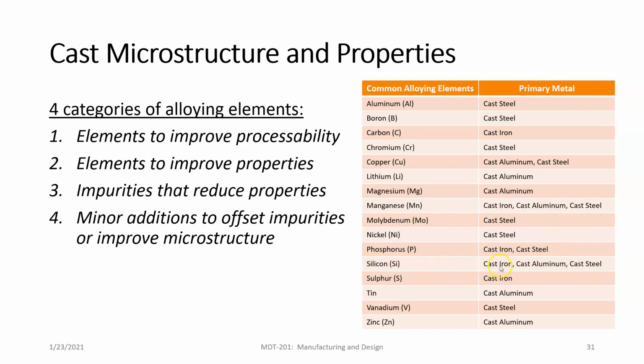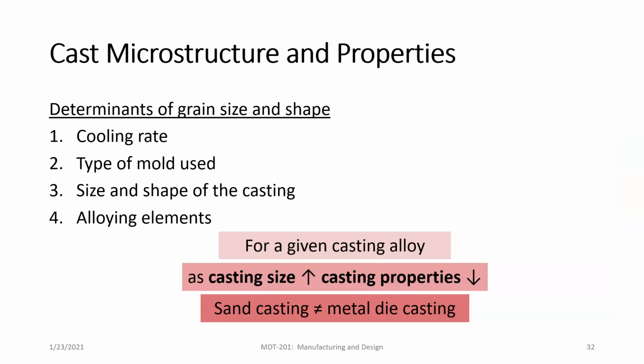Well, look at that. Silicone is used in all of them: cast iron, cast aluminum, and cast steel. So is manganese. Now, I don't go into which ones do the different things. That's kind of beyond the scope of this class. Your book touches on it a little bit, but it's really beyond the scope of what each one does. That's more for material science and manufacturing technicians.